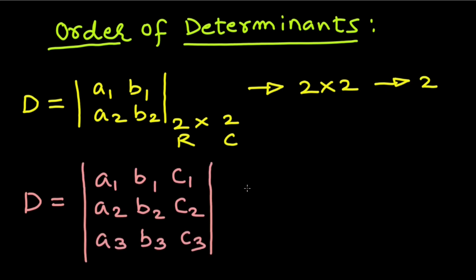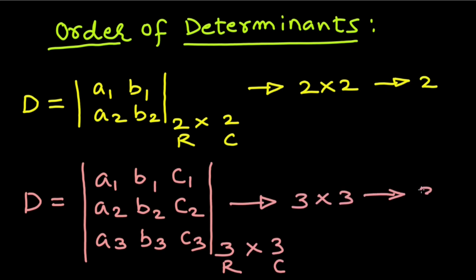Since this determinant has three rows and three columns, this determinant has order 3 by 3 or just 3. The order 2 by 2 or 3 by 3 is always an ordered pair where the first number indicates the number of rows and the second number indicates the number of columns present in that determinant.